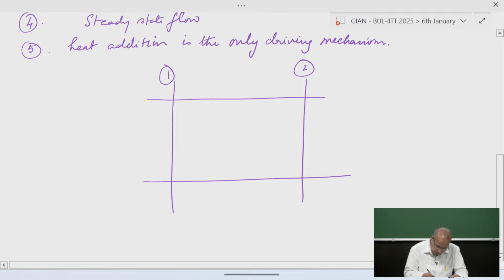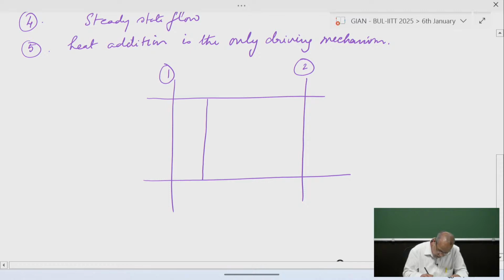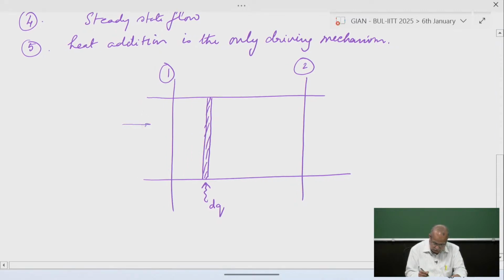Now to study this problem, we are going to consider a small section here, and to that small section we are providing heat. This is the heat that is going to cause the flow to go in this direction.